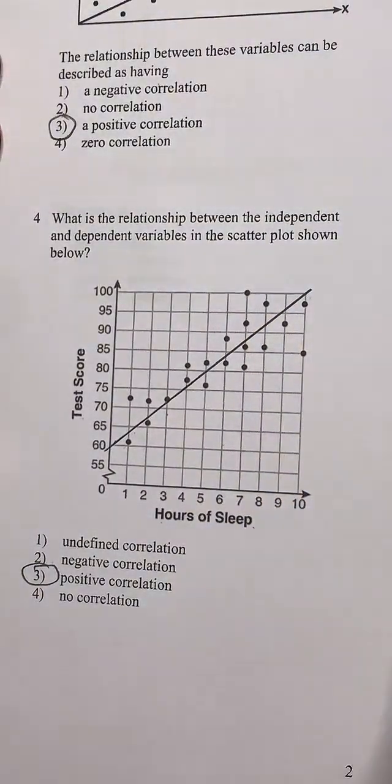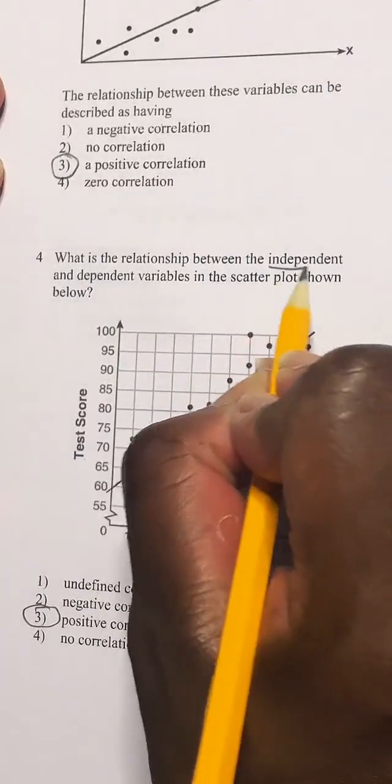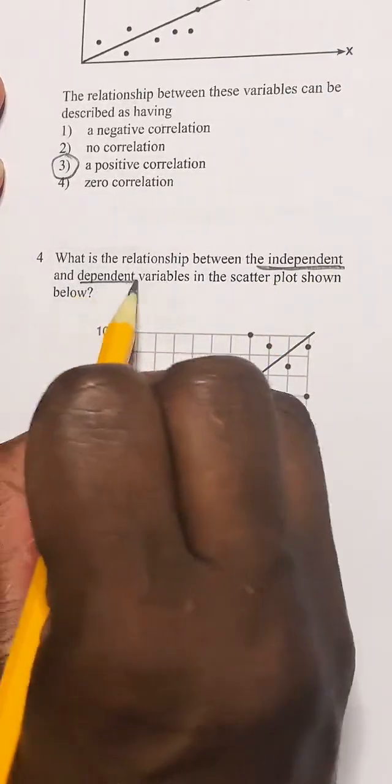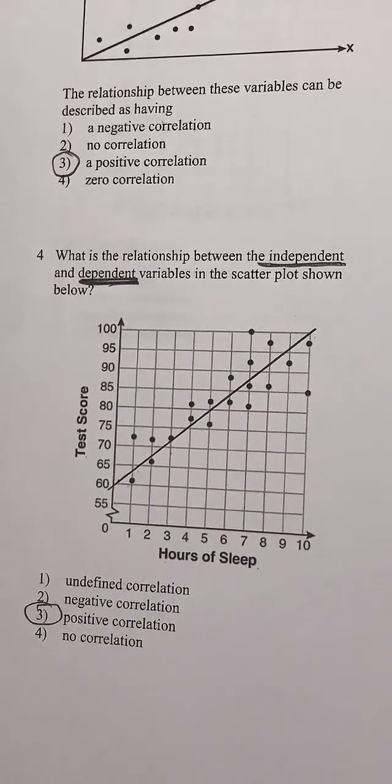What's an independent? They mentioned this early on. They talked about independent and dependent variables. What represents your independent variables? Just want to make sure we got terminology down.